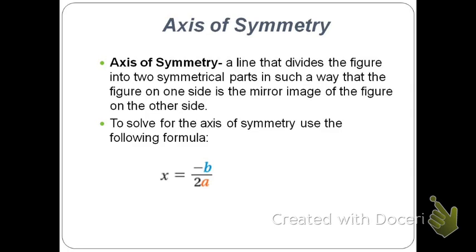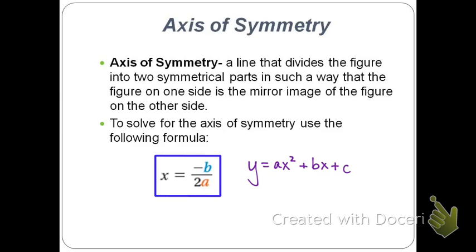Now we want to be able to find the axis of symmetry, which is x equals negative b over 2a. But we need to know where this comes from. Since we've gotten into the quadratic unit, we need to remember that these values come from y equals ax squared plus bx plus c.